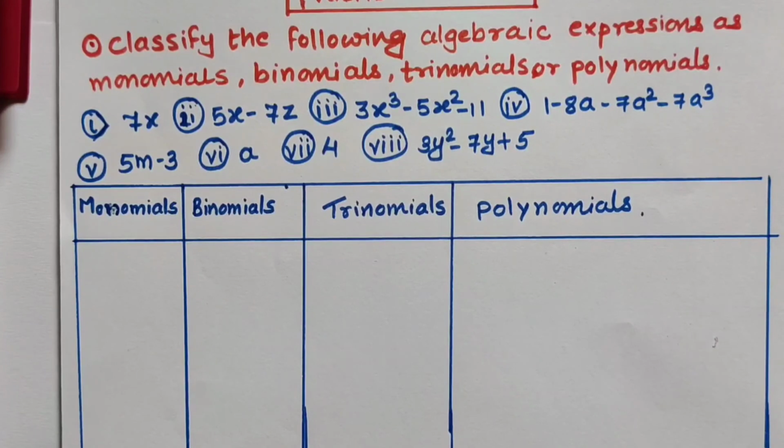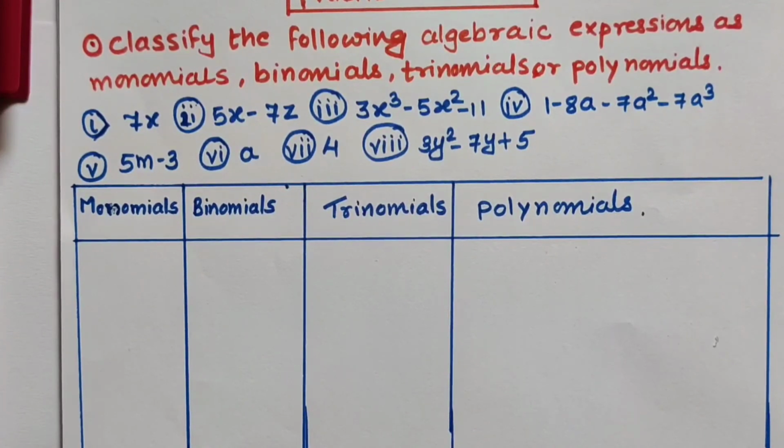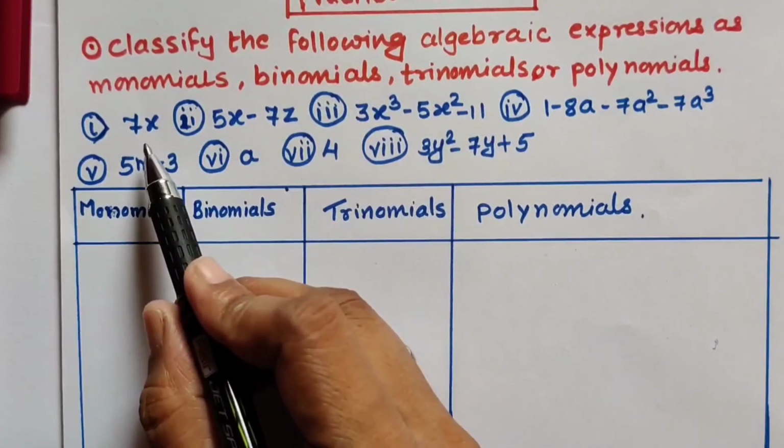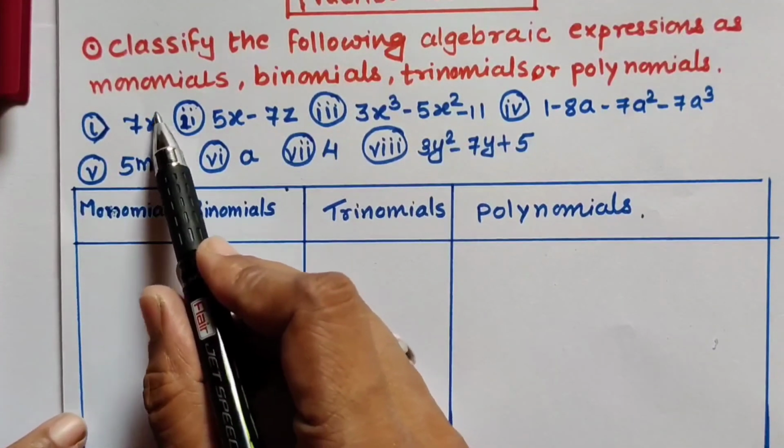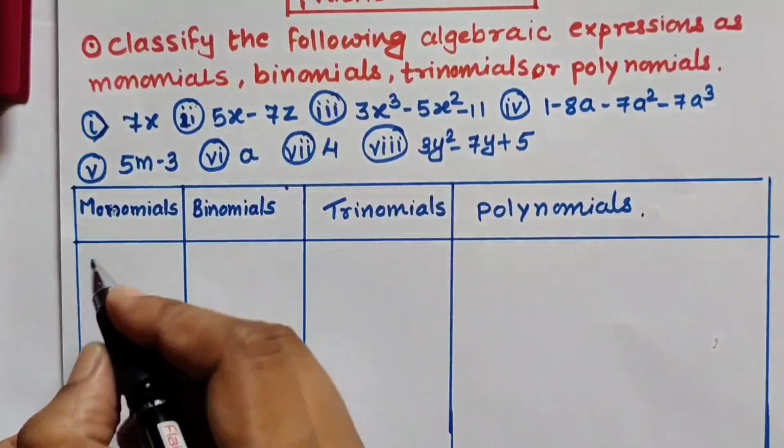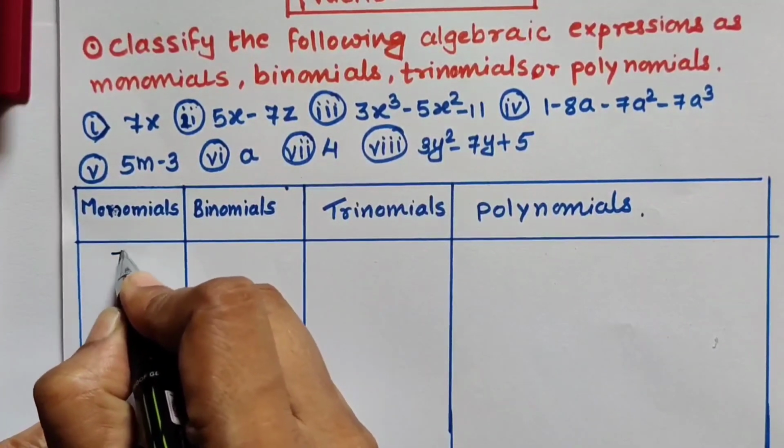When there is multiplication, that is a single term, but when there is a plus or minus sign, the terms are separated. So let us solve one by one. First it is 7x. As you all can see, there is no other sign than multiplication. It is 7x, so that means it is a single term. A single term we have to write in monomial.